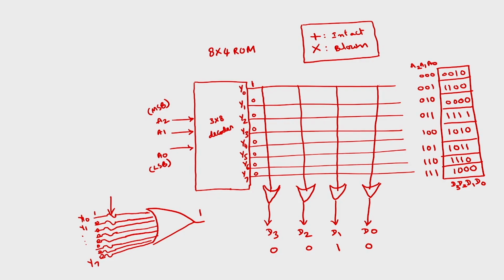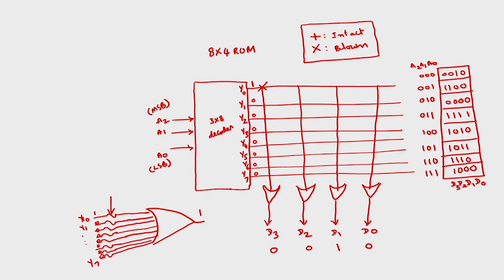Okay. For that, all the connections of D1, the OR gate whose output is D1, have to be intact, whereas for D3, the OR gate, we have to break this connection. If I don't break this connection, what happens? The output will be 1, but I want the output as 0. Anyhow, the remaining inputs are zeros.